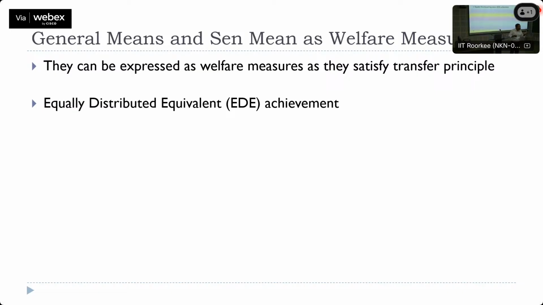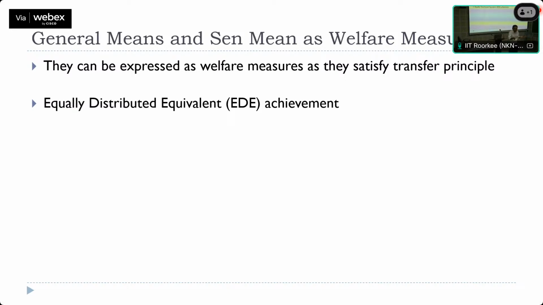If I give you a choice of a lottery where you have 99% chance of winning 100 rupees, 1% chance of winning 1 million, and then I give you a certain number, would you choose that lottery? Or rather, you would choose 10,000 rupees for certainty. Some of you may accept 10,000, some of you may not.